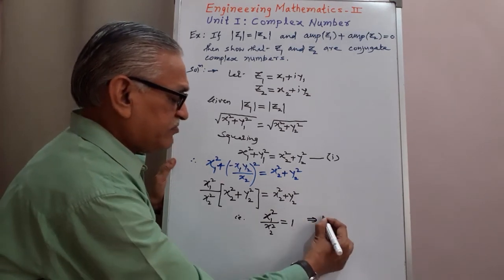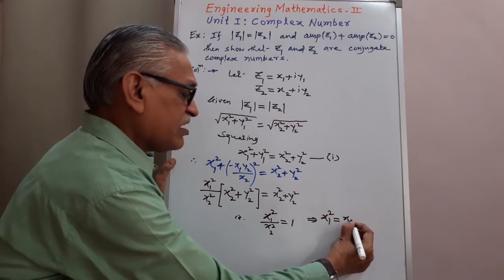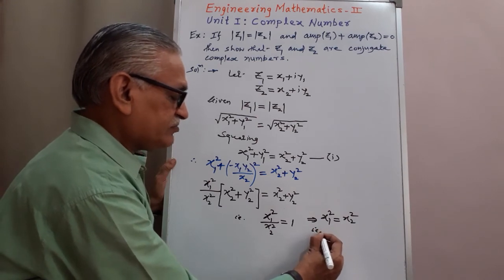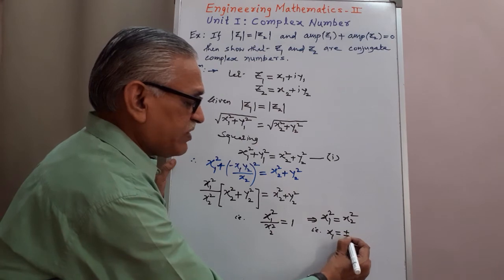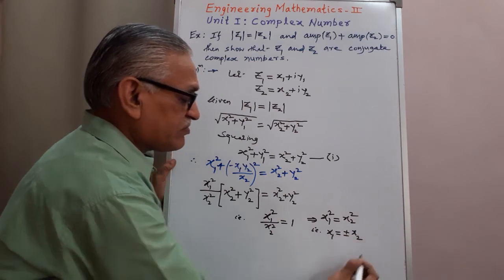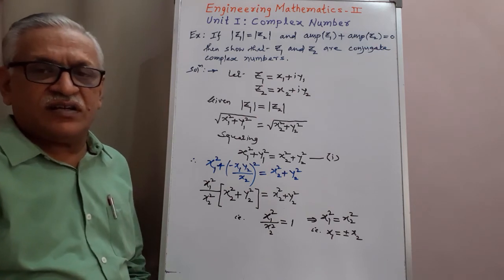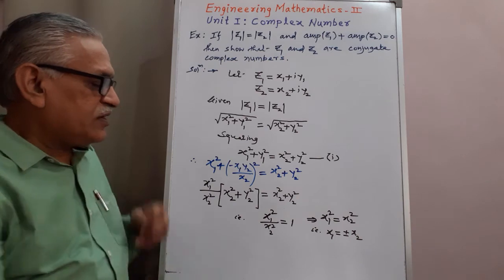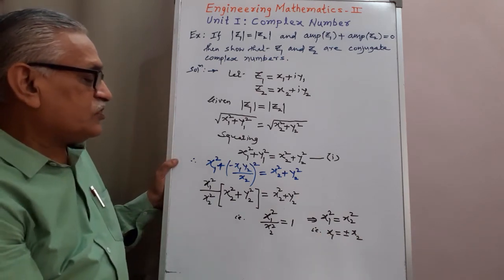It implies x1 square is equal to x2 square, that is x1 is equal to plus minus x2. Two values for x1, plus x2 as well as minus x2. We consider any one of these. Therefore, I will consider the value of x1 as plus x2.